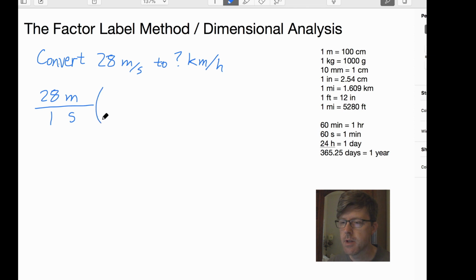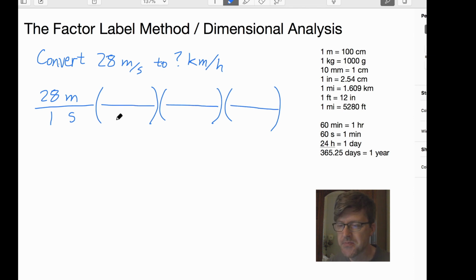Now again, we're going to multiply this by a bunch of things that are all equal to 1. And each one, as long as we can set these up in advance. I kind of like that. These sort of look like those TIE bombers from Star Wars, or maybe little frogs or something.